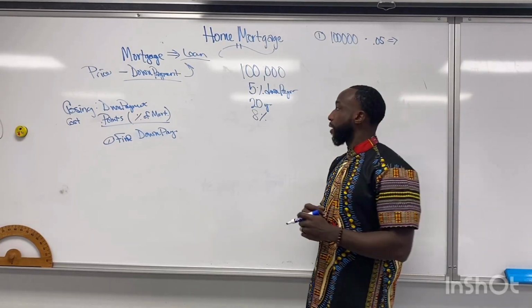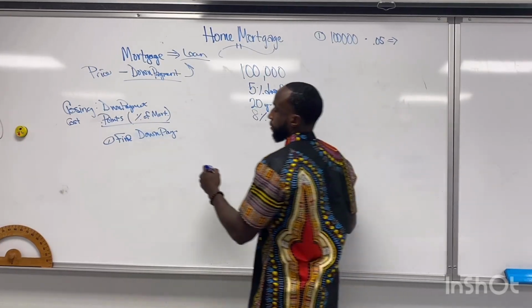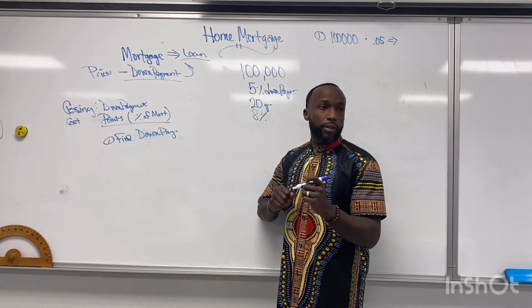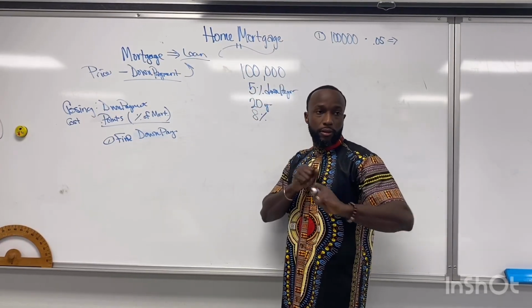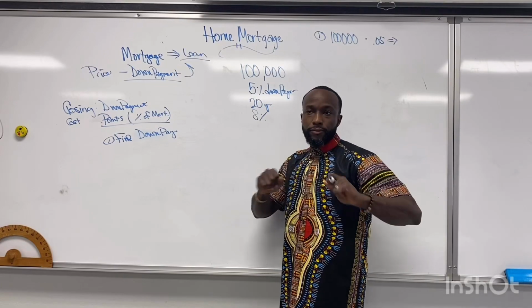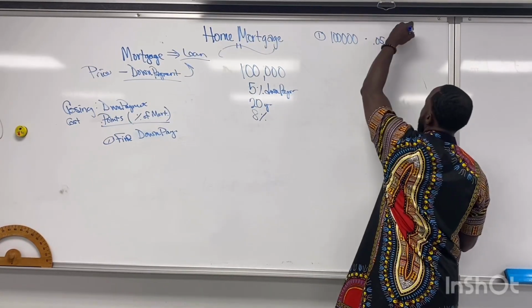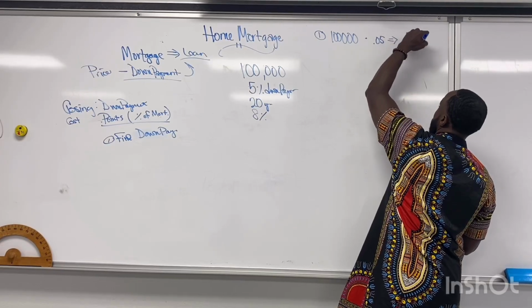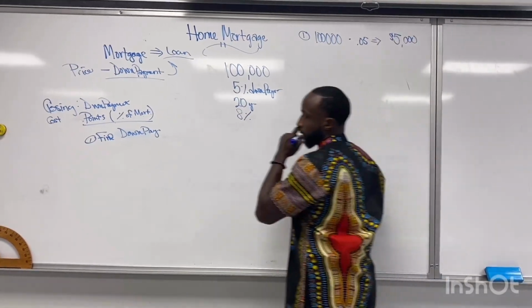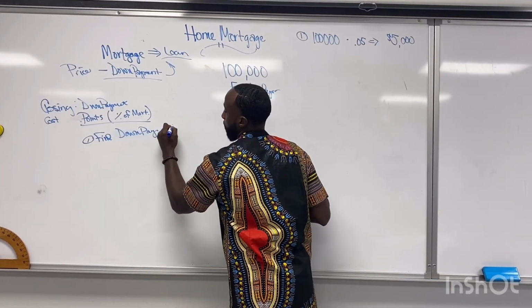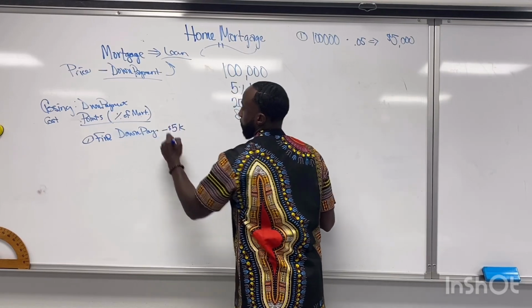Tell me what it is. $5,000 is the down payment, right? So that's the first part, the down payment, $5,000.